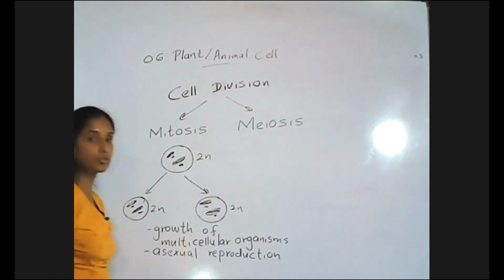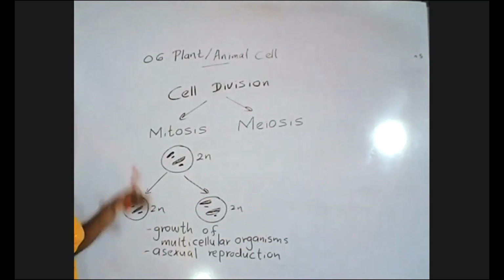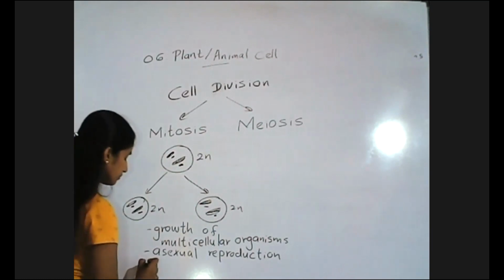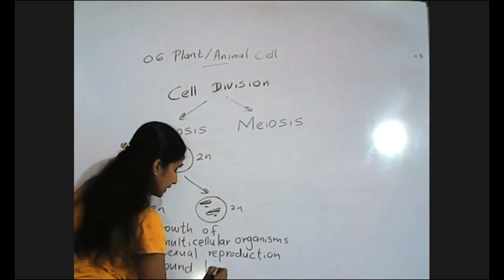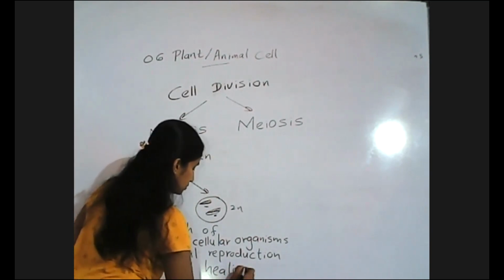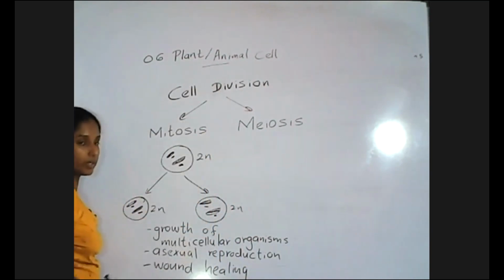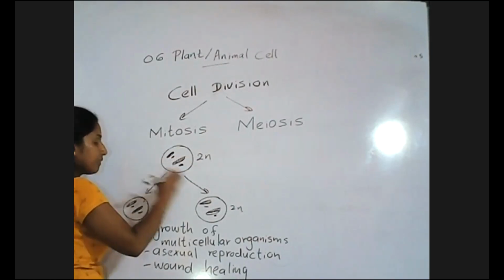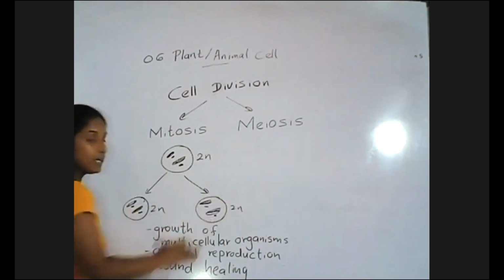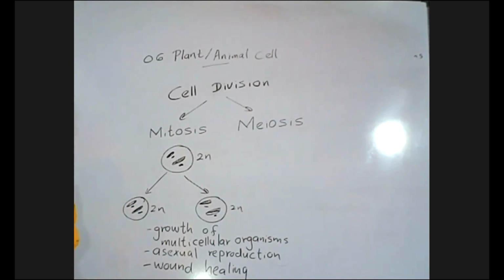Also in wound healing, mitosis is going on, because the existing cells divide and form other new cells. That is mitosis. Then in meiosis, what happens?